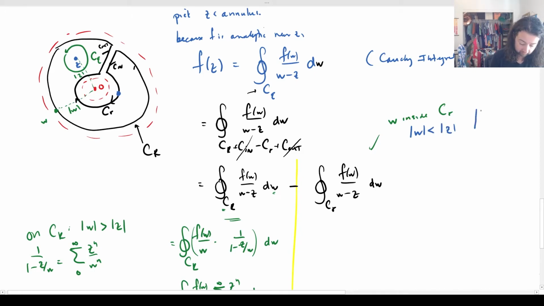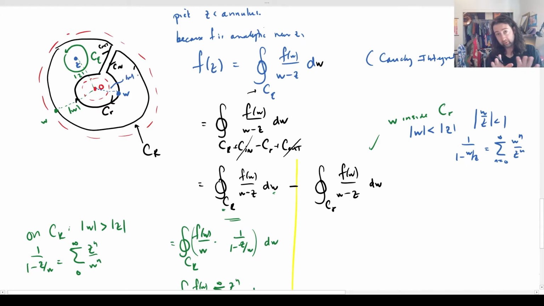And that means that the modulus of w over z is less than 1. So I'm going to use the other geometric series to say that 1 over 1 minus w over z is equal to the sum from n equals 0 to infinity of w to the n over z to the n instead. So this distance now, if this is w for C_r, and that distance is the modulus of w, that's smaller than the distance from 0 to z.